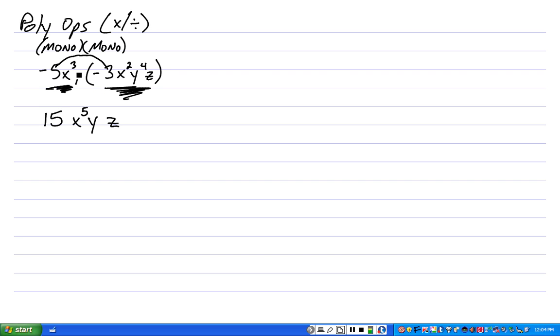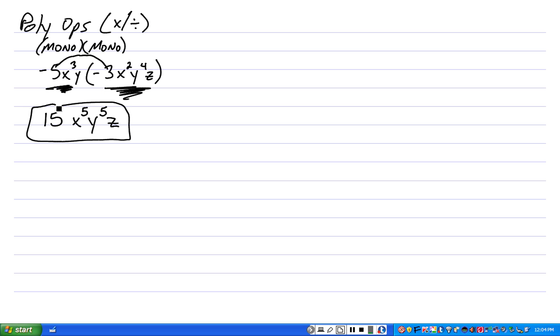Right here I have a y, and this y is like saying y to the first, and here is a y to the fourth. So that 1 and this 4 adds up to be y to the fifth. Now there's a z here, and that one z is represented by us writing the letter z, so z to the first. So this would be considered my answer.